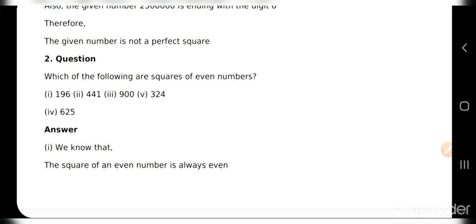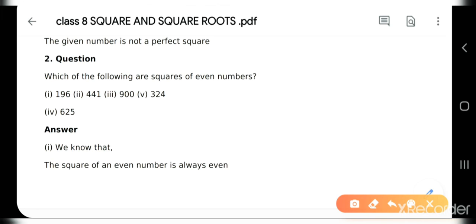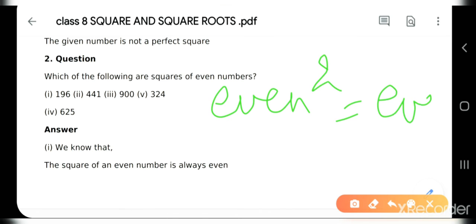Which of the following squares are of even numbers? You know that the square of an even number is even. Always remember this rule, and then you will be able to solve this question. This number is an even number, so this is the square of an even number.